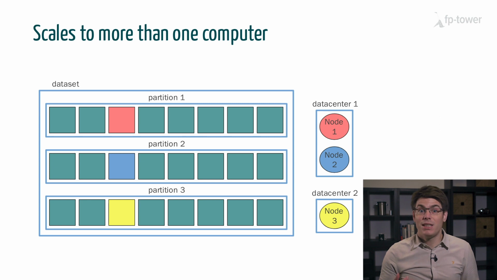Now, the nice thing about this approach is that it scales to more than one computer. For example, instead of CPUs, we could dispatch the work to different nodes in a data center. But then we would need a distributed file system, and we'll then have to worry about things like network and resiliency, because a node might break, which would mean we'll have to redo the computation somewhere else.